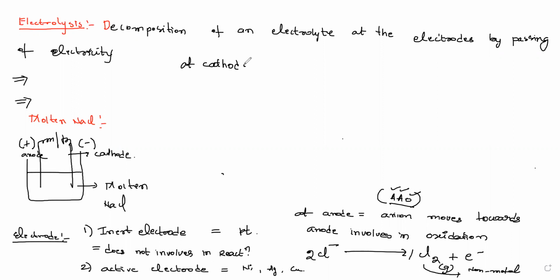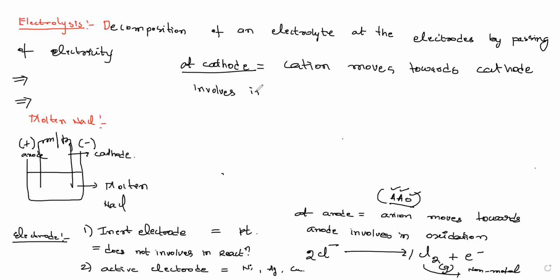At the cathode, cation. We are writing the same statement: cation moves towards the cathode side. Which reaction does it involve? The cathode involves a reduction reaction.